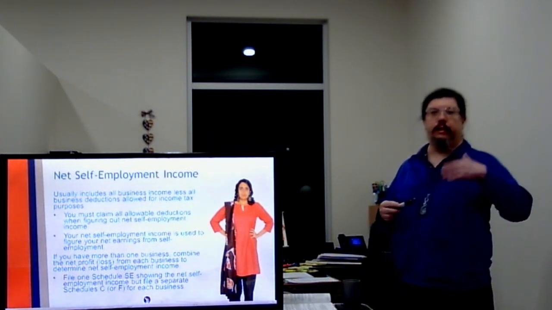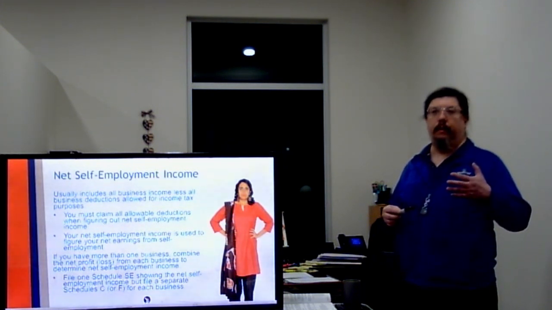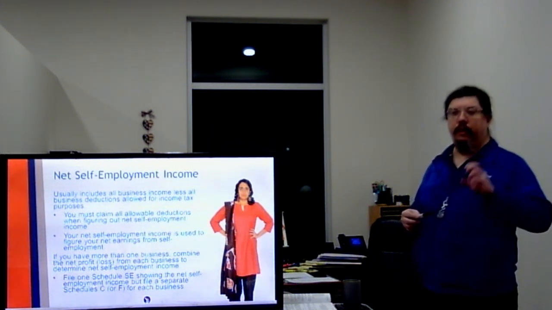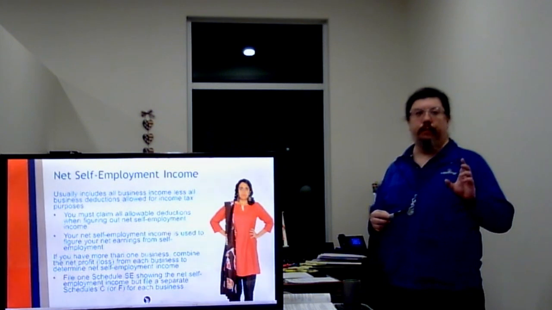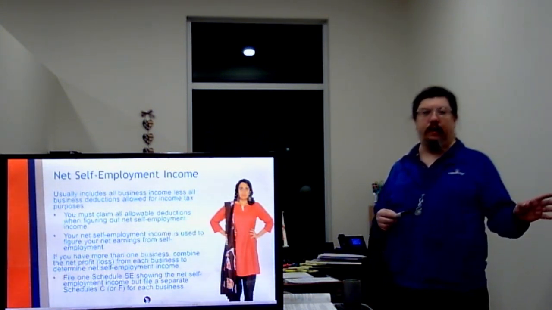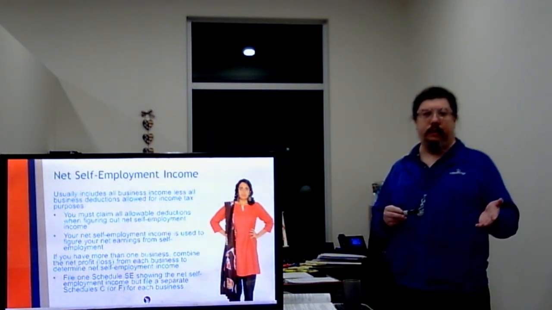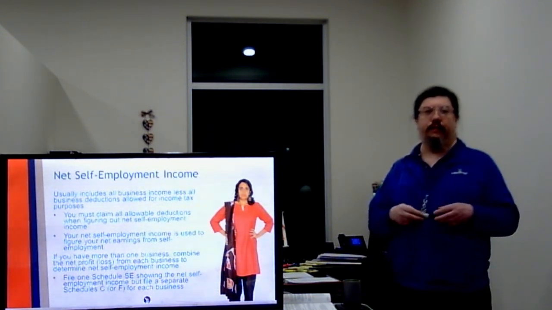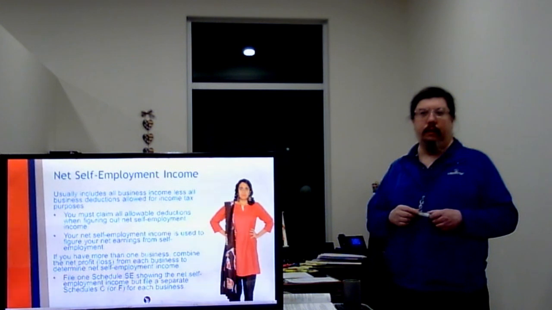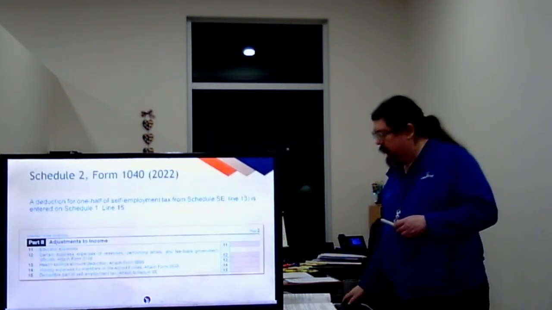That's the employer deductible share, the employer equivalent share, like an employer gets to deduct the payroll tax that they pay on behalf of their employees. Since you're in both categories, employer and employee, basically, you get to deduct half of the self-employment tax you pay. You don't get taxed twice for having your own business. So does that just mean that amount on line 15, you would somehow take back into your Schedule C?